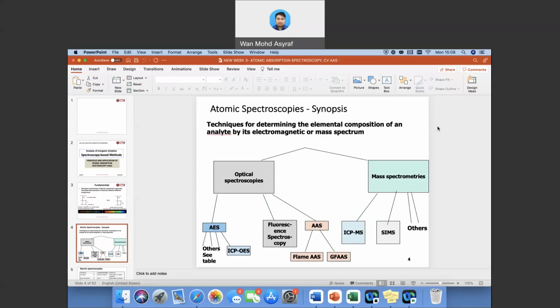Okay, atomic spectroscopy is divided into two: optical spectroscopy and mass spectrometries. For optical spectroscopy, we have AES, which is atomic emission spectroscopy, AAS, atomic absorption spectroscopy, and fluorescence spectroscopy. The third one that we are going to learn as well is ICP-MS, which is inductively coupled plasma mass spectrometry.